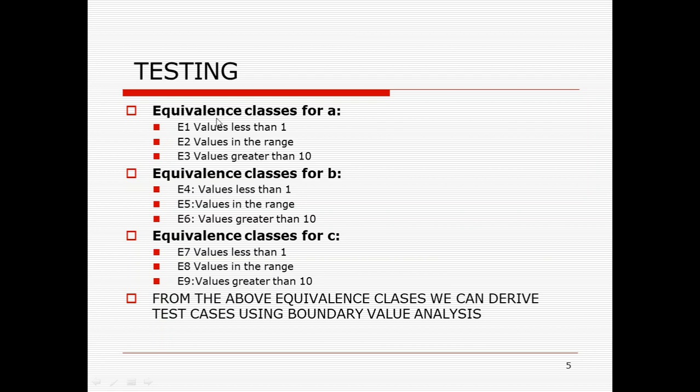So this forms the three equivalence classes. Similarly, the equivalence classes for B are the same because the range we are keeping is the same. Equivalence classes for C are also three. Using these equivalence classes, we can derive the test cases using boundary value analysis.